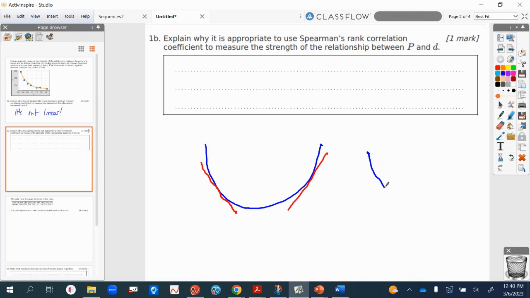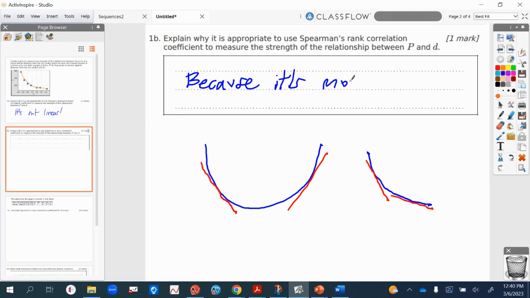But monotonic, it can only be increasing or decreasing. So for example, that first curve, the one they're showing us, is monotonic because it would always be decreasing around that curve. So as it's monotonically decreasing, we can use Spearman's.